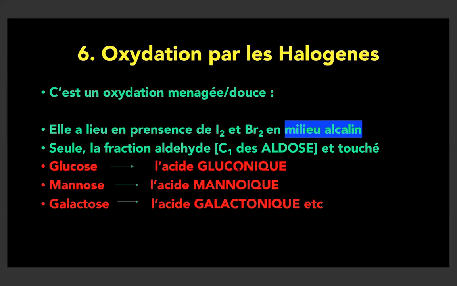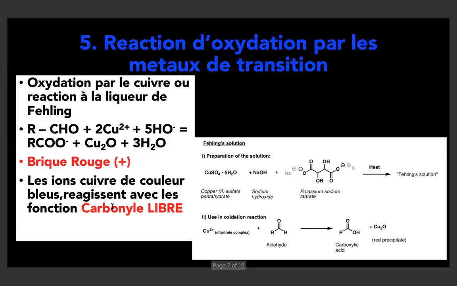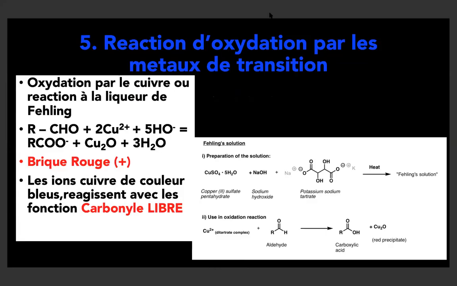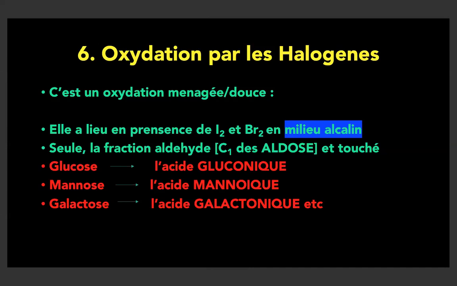One, the sugar we are reacting with, be it bromine or iodine, is supposed to be an aldehyde. And rule number 2, the aldehyde function at carbon number 1 is supposed to be libre. That's the same condition as this one. It's the oxidation reaction also. Sixth point, it's the oxidation reaction also.